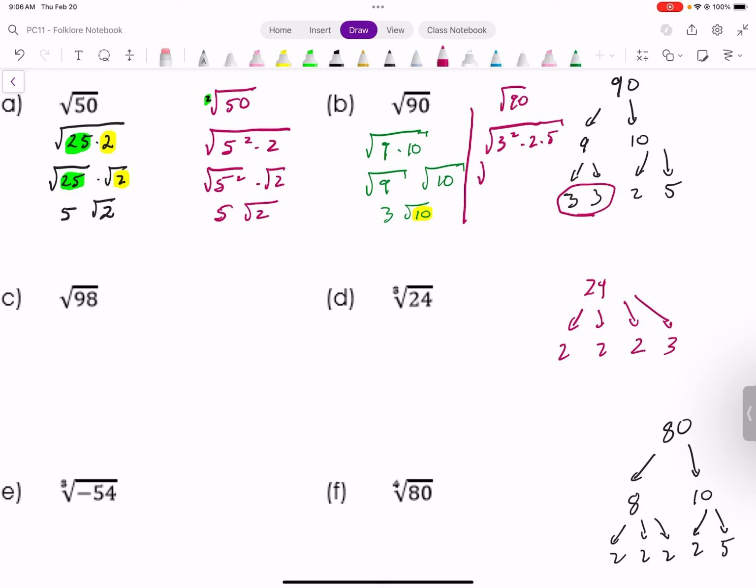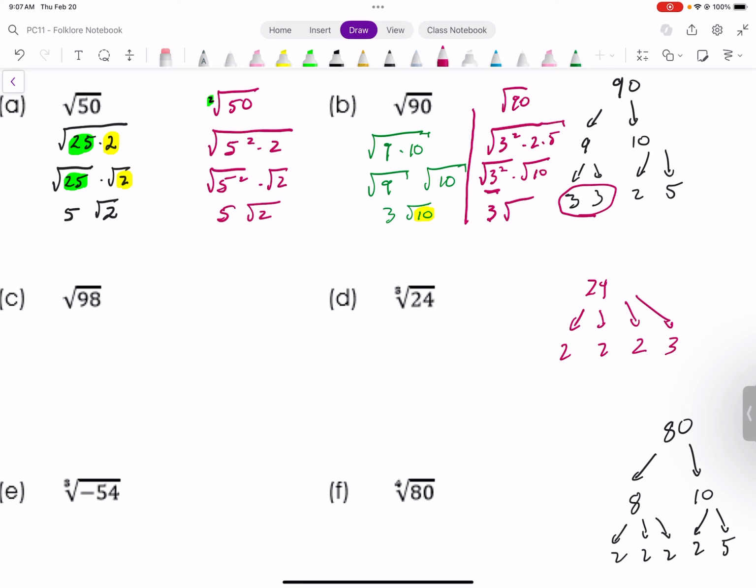So I can split this into the square root of 3 squared times the square root of 2 times 5. I multiply those out to be 10, and I know that my radicand is as simple as it can be. The square root of 3 squared is simply 3, so we get 3 root 10, exactly what we've seen.